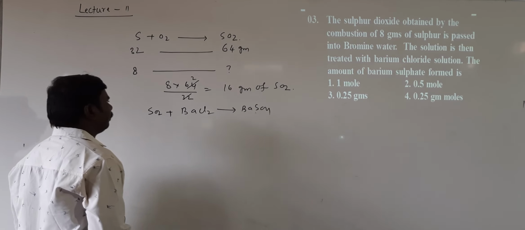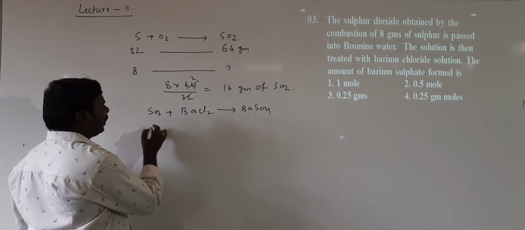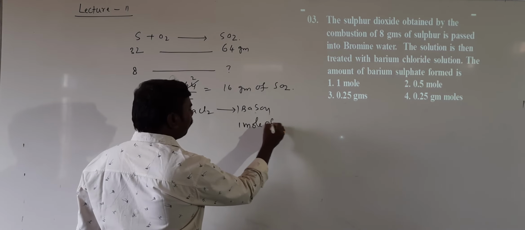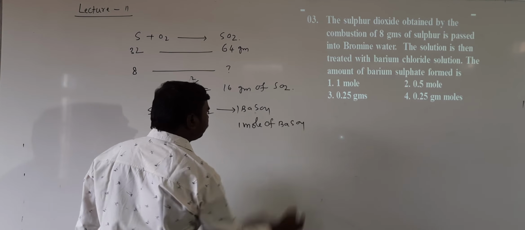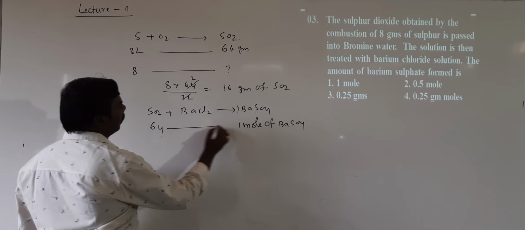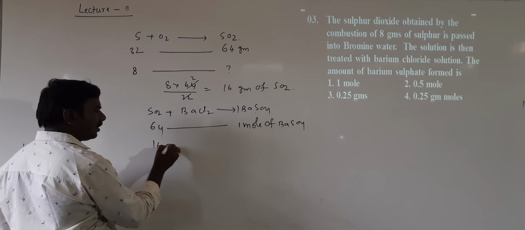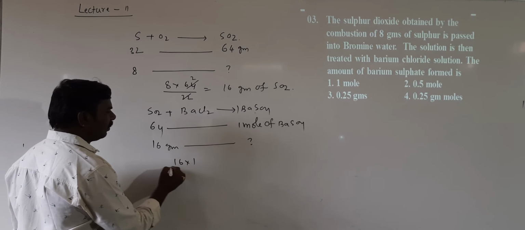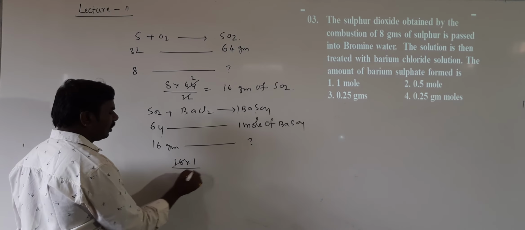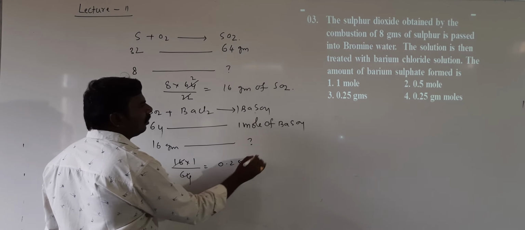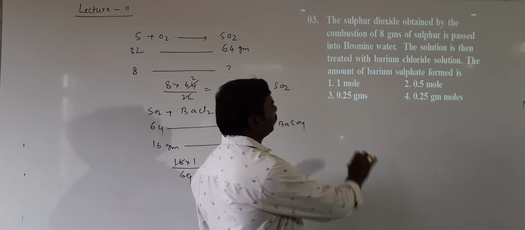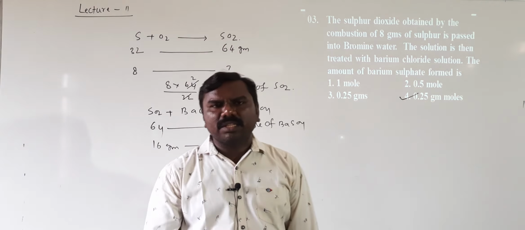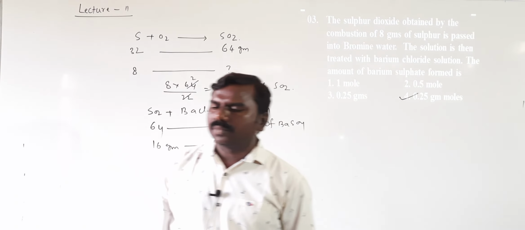Now just observe, for 64 grams, 1 mole of barium sulfate is formed. But here, 16 grams gives how many moles? 16 into 1 by 64 is equal to 1 by 4, that is 0.25 moles. Mole is nothing but mole simply, right?